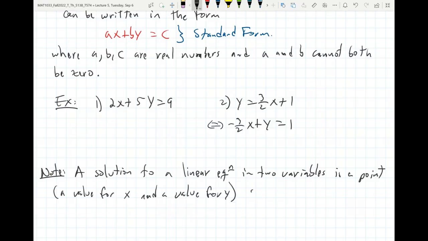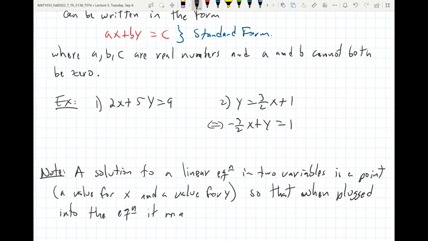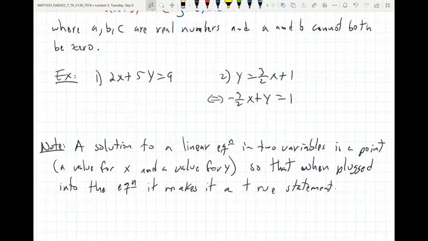So when plugged into the equation, it makes it a true statement. Okay, that's what a solution is, a point. When I say a point now, you know I'm talking about a pair of numbers, okay, x and y.